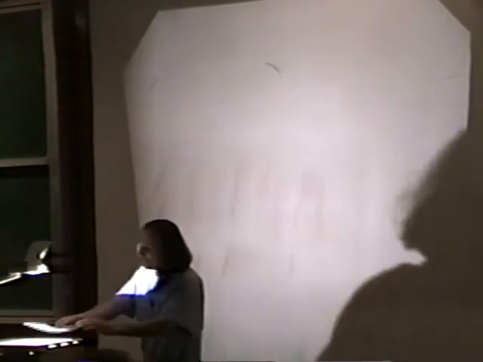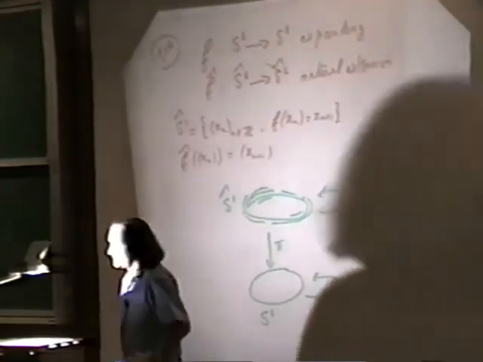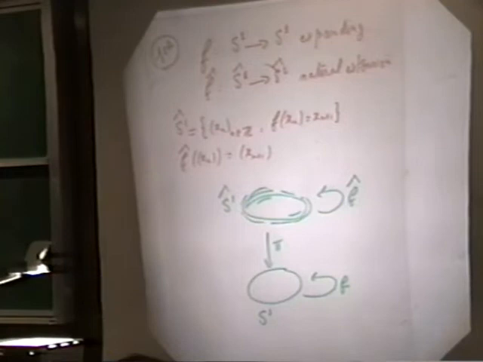The first step is to replace the expanding map F by its natural extension. That is, you have a map which is non-invertible from the circle to itself, which is expanding, and you construct another space that I denoted by S1 hat, which is the space of sequences xn such that f of xn is xn plus 1. In other words, S1 hat is the space of two-sided orbits of f.